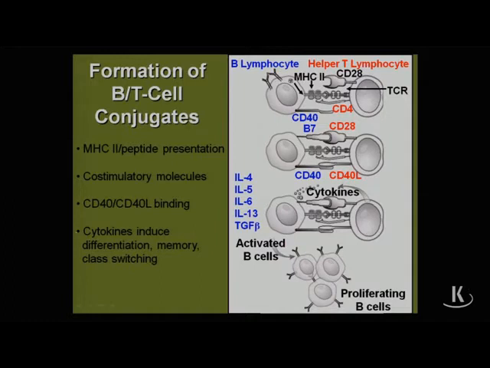So the third interaction that we're looking at here is the interaction between CD40 and CD40 ligand. That is an essential interaction. That's one you definitely need to know, because there are a bunch of effects that won't occur if CD40 and CD40 ligand don't interact. Class switching is definitely one of them. So you need that CD40 ligand interaction for class switching.